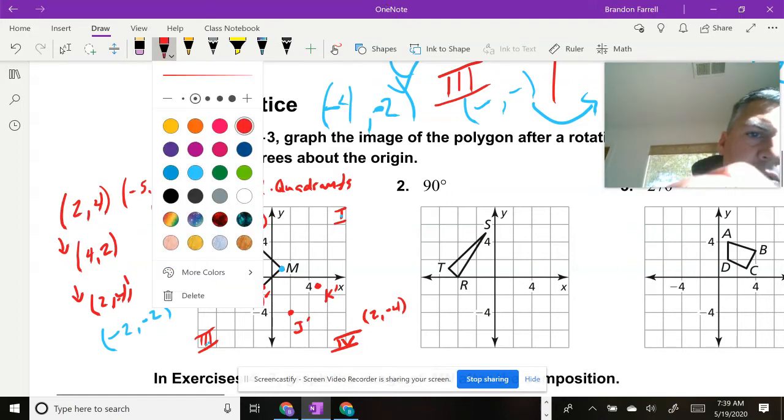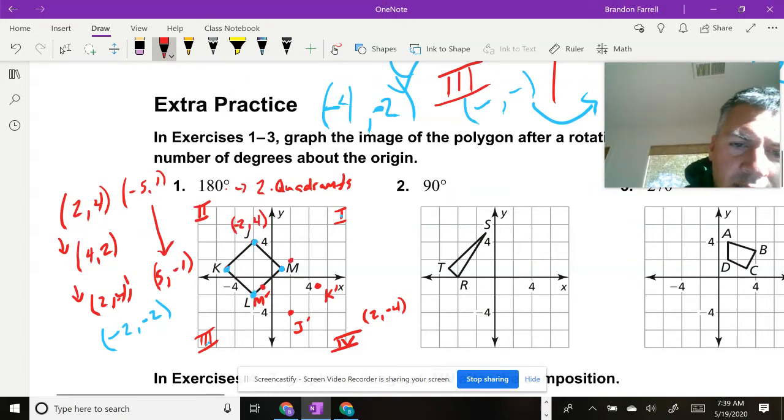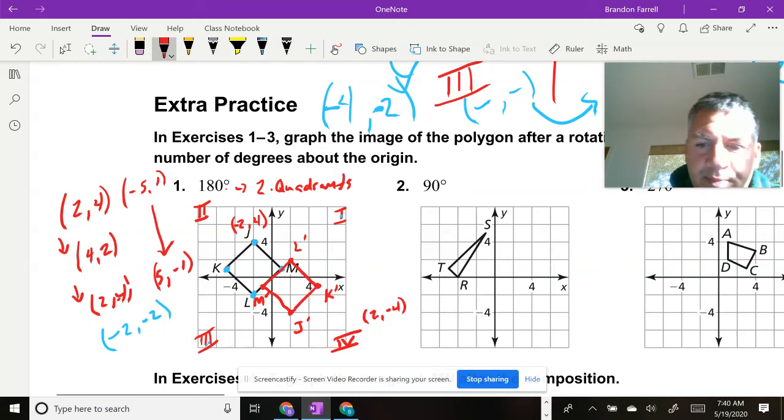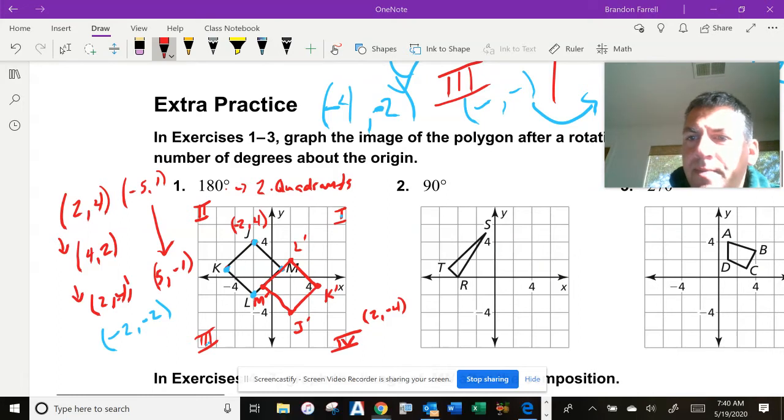And that's going to end up being right there, L prime, which is in quadrant 1. So now my rotation is there. Okay? All right, hold on just a second.